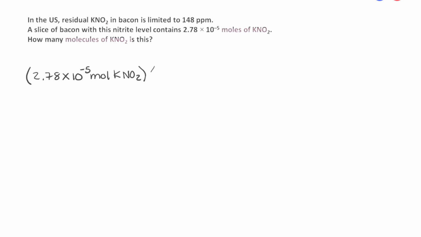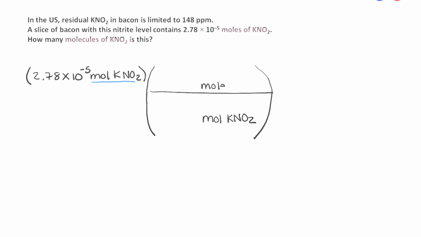When we set up our conversion factor, we'll write the denominator units first because they need to cancel exactly with the numerator units in our original problem. So because we have moles of KNO2 originally, in order to cancel, we'll need moles of KNO2 in the denominator. That means that the numerator units will be molecules of KNO2.